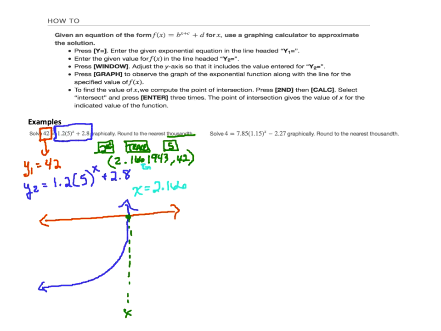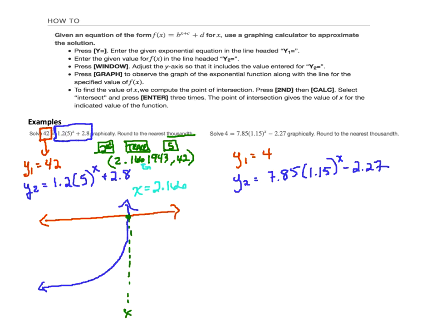Okay, so same thing for the next one. I'm going to have, in this case, a y1 of 4 and a y2 of 7.85 times 1.15 raised to the x power minus 2.27.